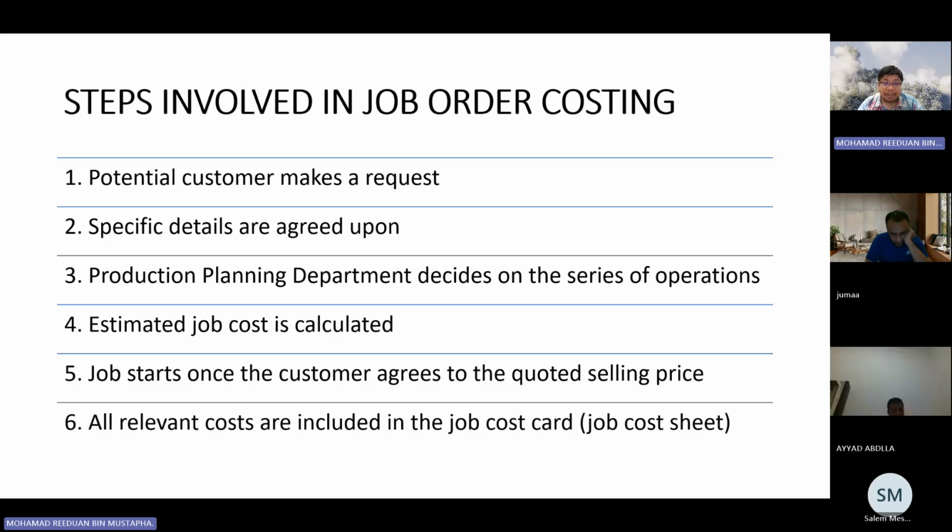Another step is that you need to identify the specific details and agree upon them. Even though they ask you for the details based on their requirement, the mutual agreement should come from both sides.